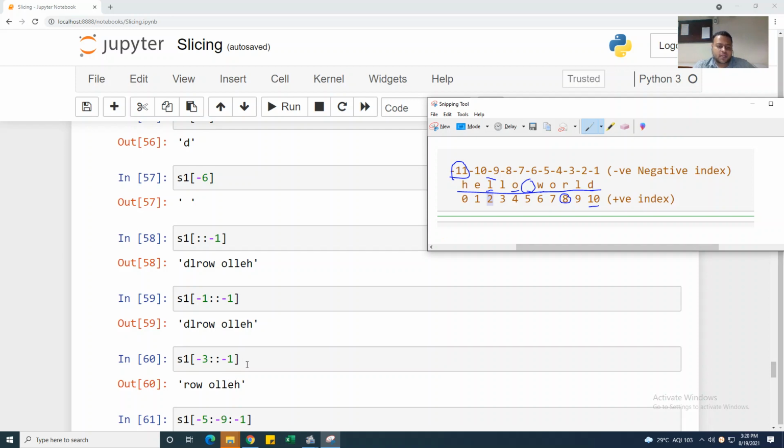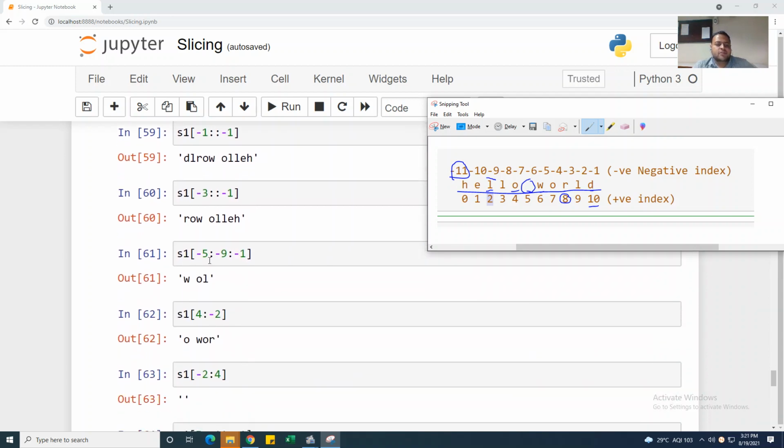Now I'm taking s1 of minus 5, minus 9, minus 1. So it will take W, space, O and L. Minus 9 and minus 1. So space, then O. s1 of 4, minus 2 will give you O, space, W, O and R.